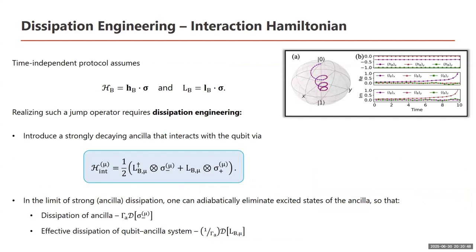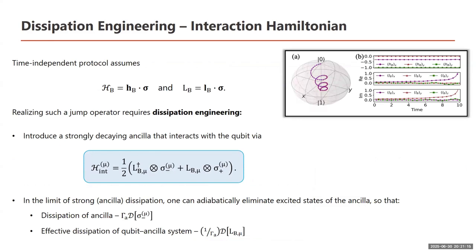So in the time-independent recovery protocol, we assume that both the Hamiltonian and the jump operators are linear combinations of Pauli operators like this, because we already saw the ancilla as a two-qubit system. So each of the H_B and the L_B can be written like this.